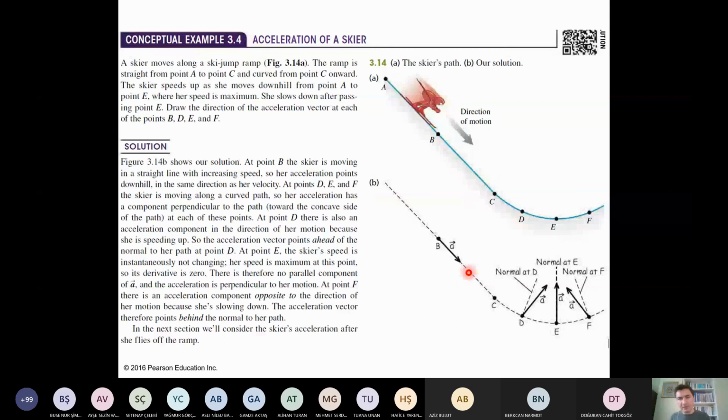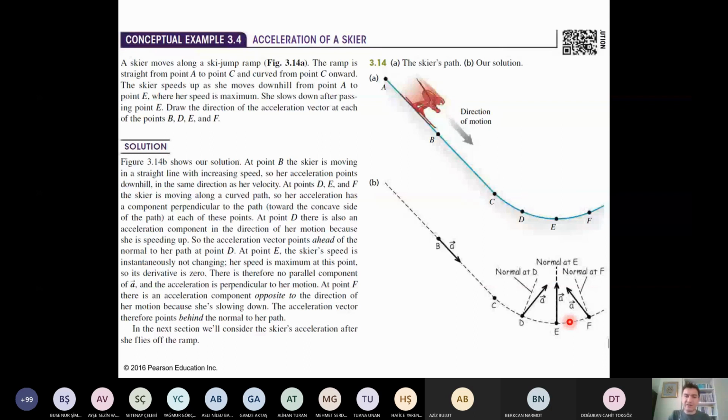Okay, the lady skier is speeding up, and this is the direction of the acceleration. And whenever she reaches the curved path and is speeding up, this is the direction of the acceleration, and here she has acceleration in this direction, and since after passing point E she slows down, then the direction of the acceleration is like this.